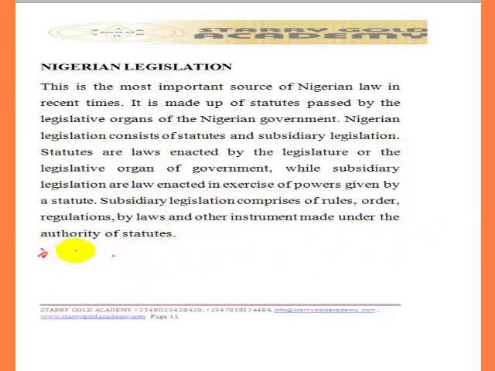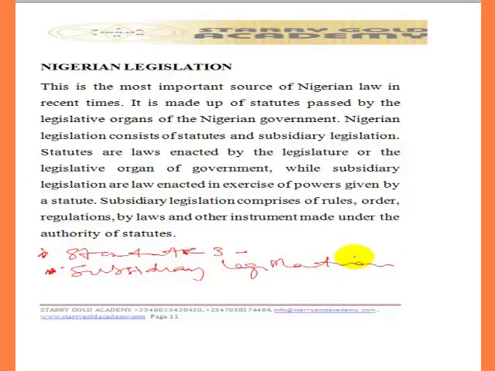This subsidiary legislation includes law made by the local government and any other institution empowered to make law. For example, we have law made by an institution like a school or educational institution, where the Senate will sit and pass law.